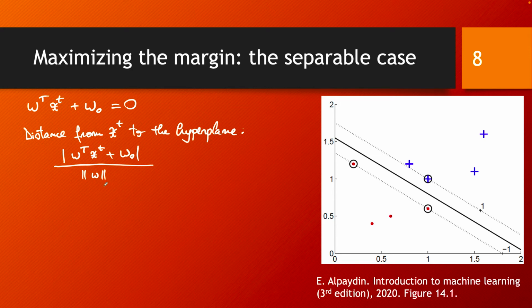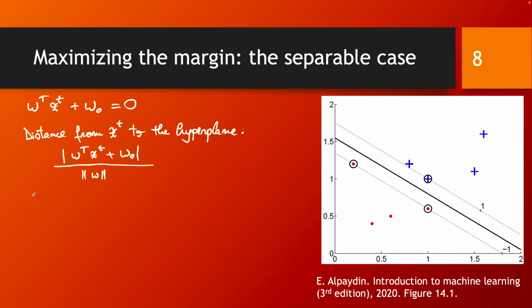This distance is going to be positive or negative depending on which side of the hyperplane the point is. And because we have the label RT being -1 or +1, we can multiply with the label to get a quantity which is always positive.